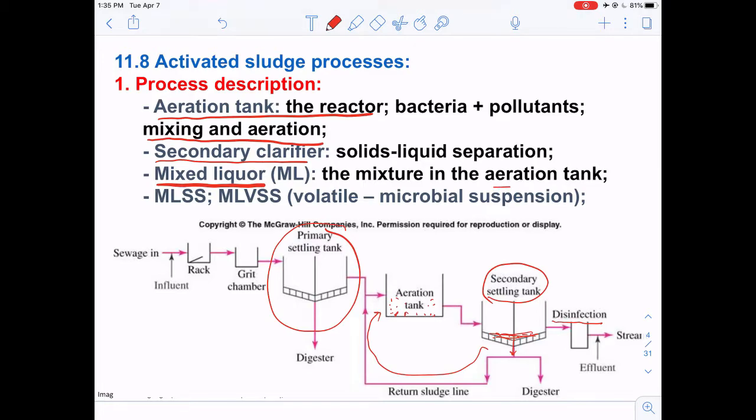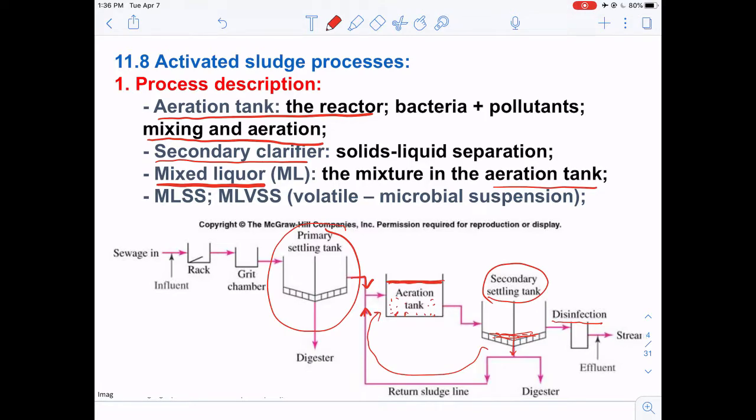The mixed liquor is just a mixture that's in the aeration tank, because if you imagine, the aeration tank is going to be composed of mainly liquids, right? Inside this liquid there are suspended particles and also bacteria, and it's a mixture of what's emitted from the primary settling tank, and also the return sludge that's collected from the secondary settling tank.